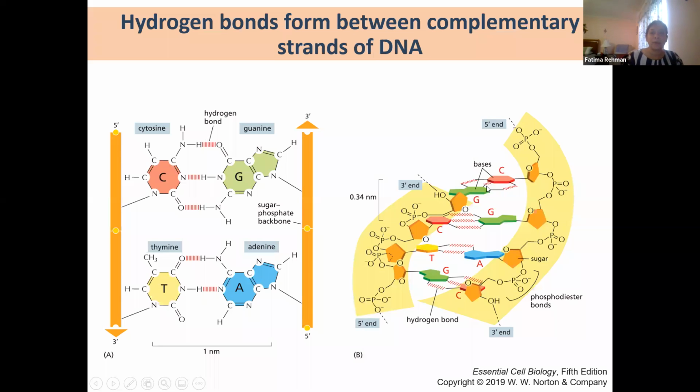And that allows them to get closest to each other to form the optimal hydrogen bonding interactions between the 2 bases. So things to remember: 1, they are going to be laying parallel to the backbone, and 2, they are going to have 3 hydrogen bonds between C and G, and 2 between A and T.